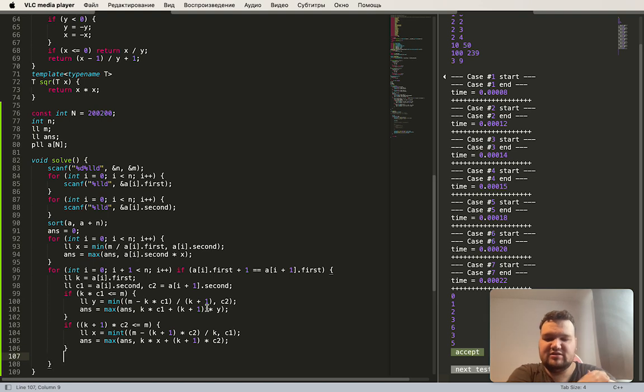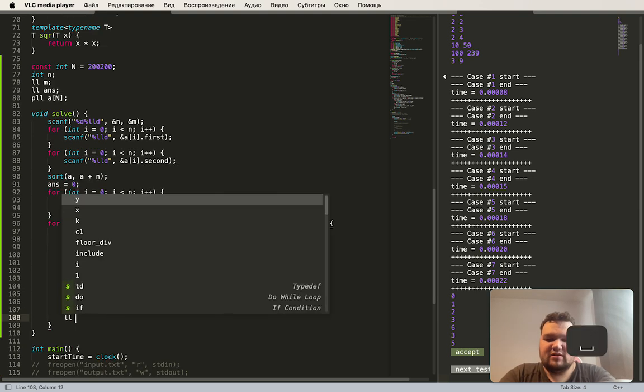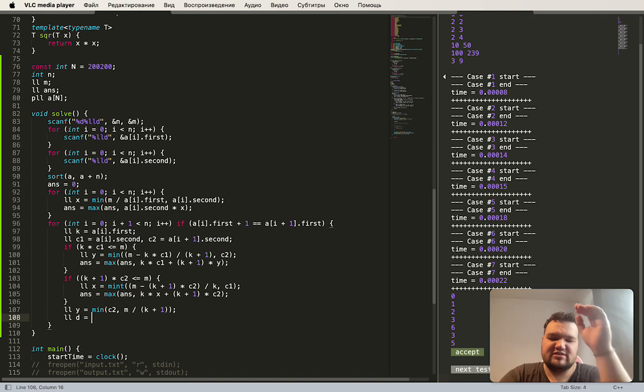And finally set y to be minimum of c2 and m divided by k plus 1, and we want to find the greatest number that is not bigger than that but has the same remainder modulo k as m.